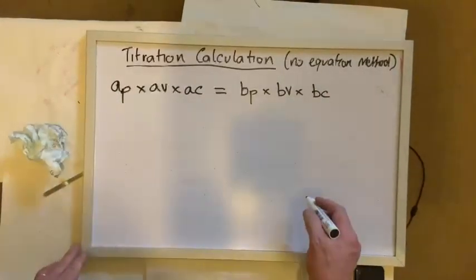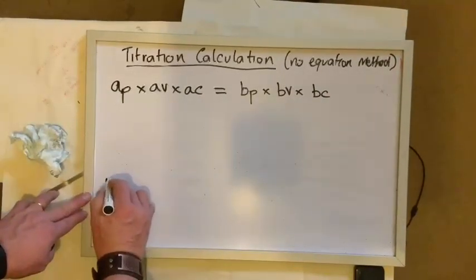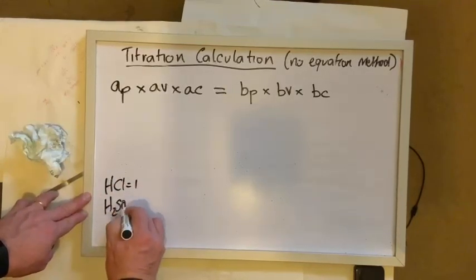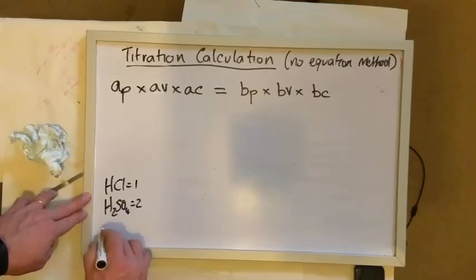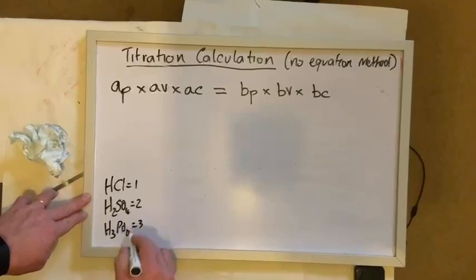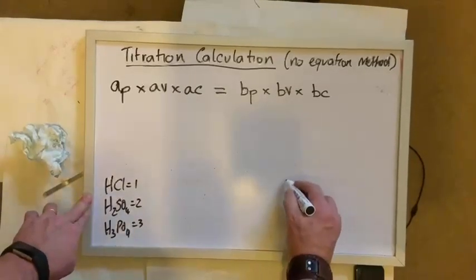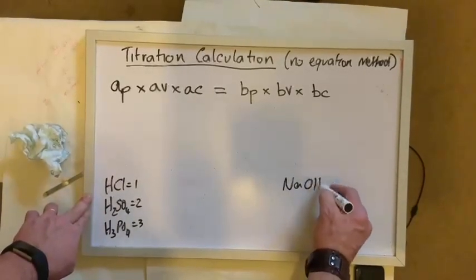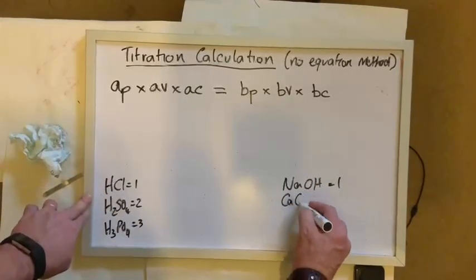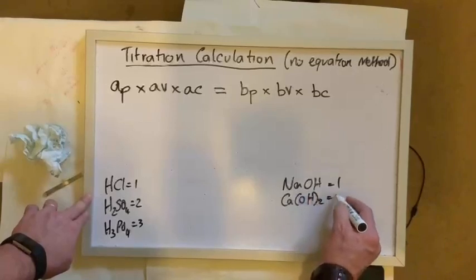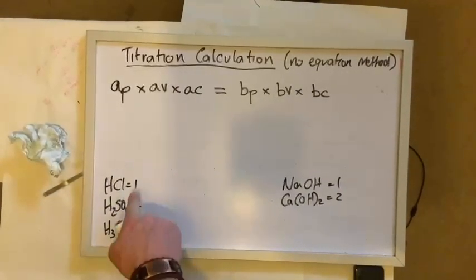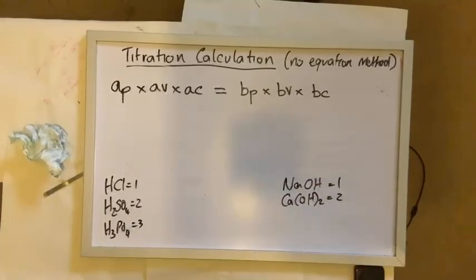Remember what we said, acid power equals 1, or H2 will equal 2 H's, H3 will equal 3. On the base side, NaOH would equal 1 for a base power, Ca(OH)2 would equal 2. That's the idea. Number of H's, the power, number of OH's, the power.